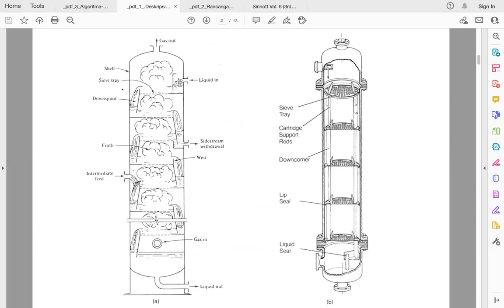So the liquid will have a hold-up over here, and then it will flow over there. And then from the bottom there is vapor. The vapor will go up through holes, a sieve tray, which looks like a strainer.